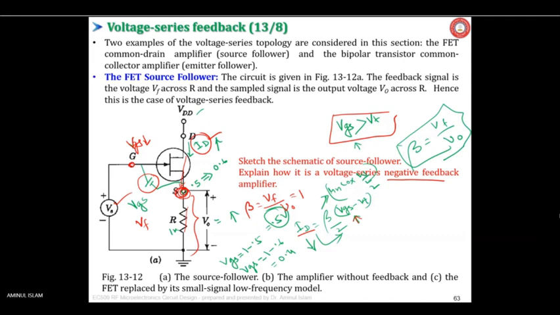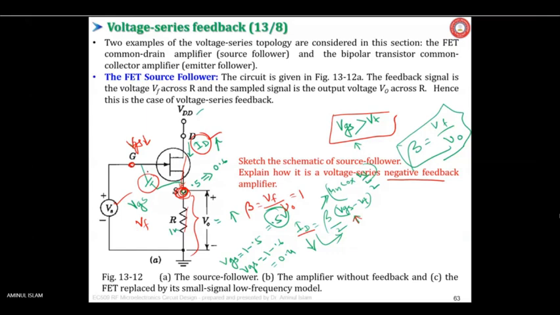The voltage from the beta network has to be connected to the input voltage in series. And if it decreases the effect, then it is negative feedback. As you see, it is decreasing. The increasing effect of ID is getting decreased here by applying negative feedback.